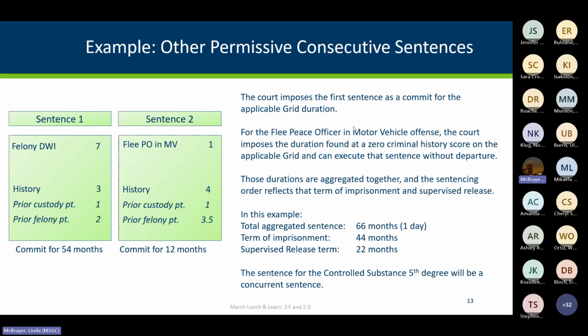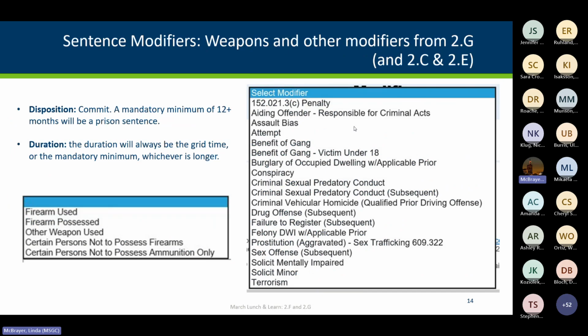But now we're going to move on to sentencing modifiers. As I was going through this, I realized that a lot of the sentencing modifiers that appear in this chart, this is a drop-down box that probation uses on EWS, Electronic Worksheet System, to indicate what modifier might exist so that the calculator built into EWS can do the math correctly to come up with the correct presumptive sentence.